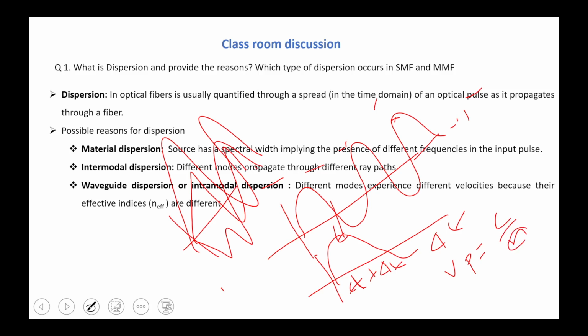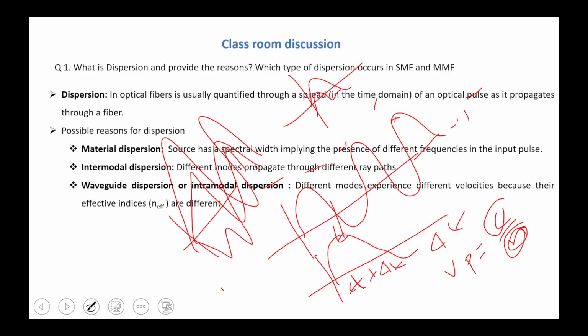One wave travels faster, another slower, so for some period they may interfere with each other, creating dispersion and loss of information in the optical fiber.